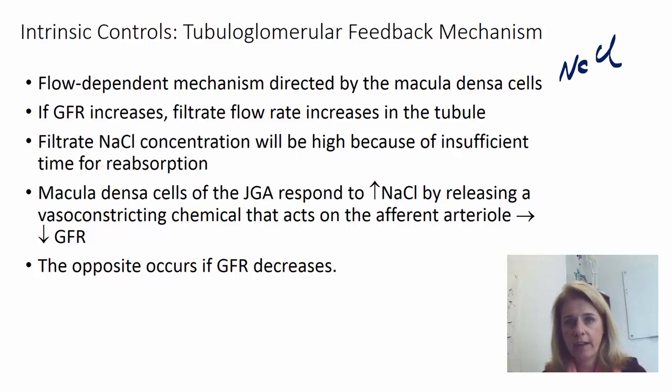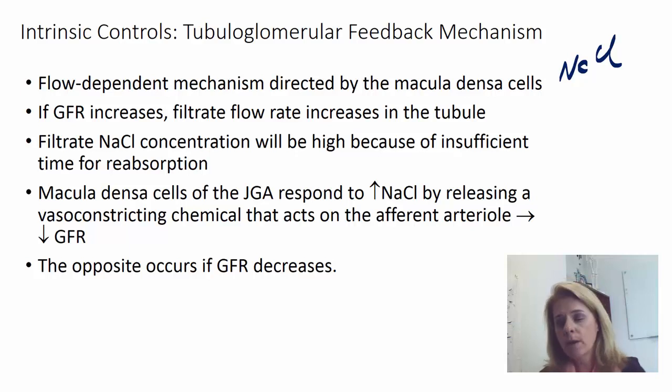As filtrate is passing by the macula densa cells, they're measuring how much sodium chloride is in the filtrate, and in response to that level, they're going to change the GFR. They're going to either increase or decrease filtration rate. They're going to send a signal: we need to get less sodium chloride, we need to reabsorb more sodium chloride, or we need to get rid of more sodium chloride.